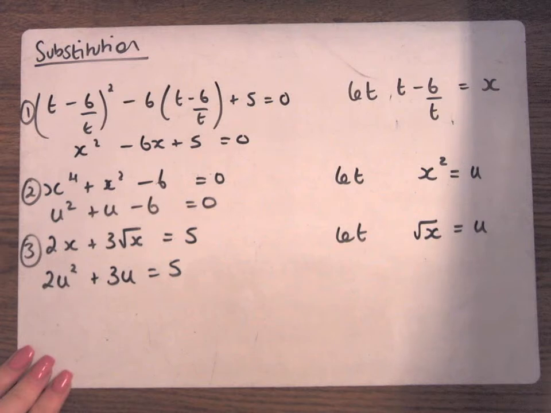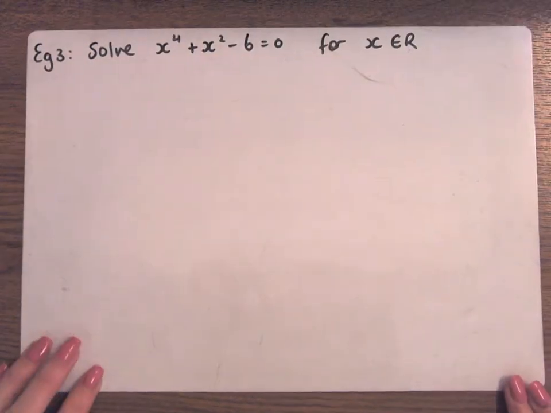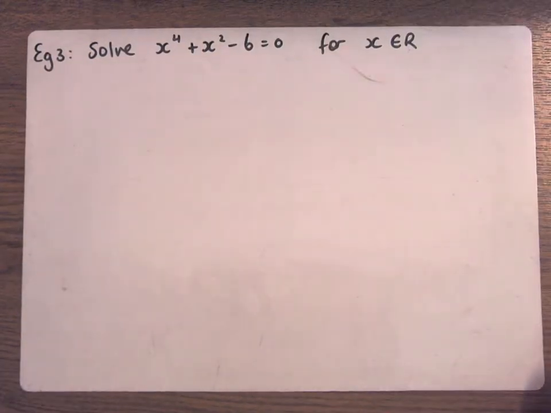Yeah. Can I get rid of the board? Okay, solve x to the power of 4 plus x squared minus 6 equals 0.